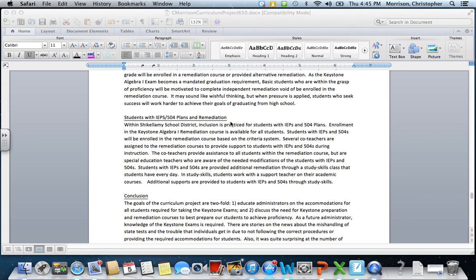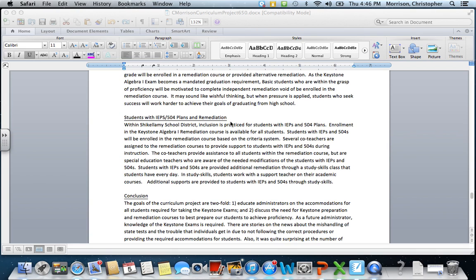Now, students with IEPs and 504 plans, they are included in the Algebra 1 course. Our district practices inclusion, so there's no separate math class for students with IEPs or 504 plans. Students with 504s and IEPs would be subject to being enrolled in the remediation course as well.